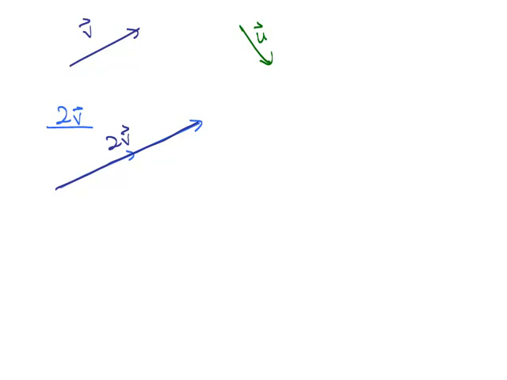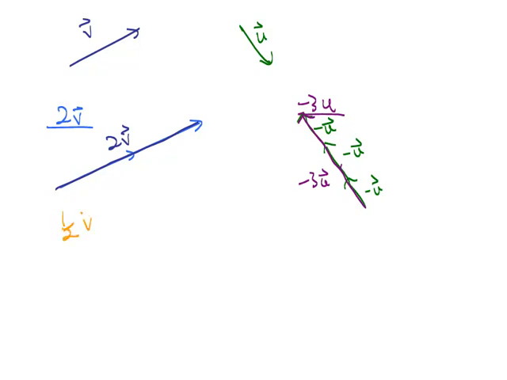Suppose I wanted to find the vector, how about negative 3u? I'm going to send u in the opposite direction three times because of that negative. So here's a negative u, negative u, negative u, put them all together, and I get this vector here, which is negative 3u.